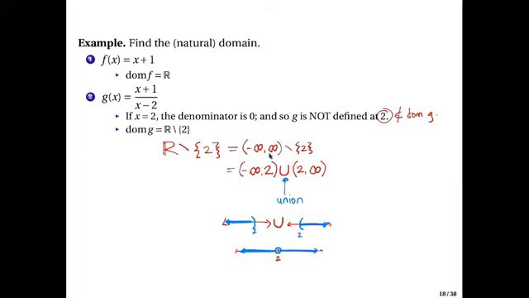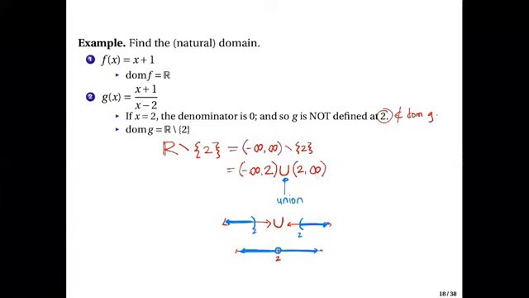Or you can write this in interval notation. It's negative infinity to plus infinity backslash the set containing 2, meaning you are removing 2. Or in this notation, you have negative infinity, comma 2, close parenthesis, union, open parenthesis 2, comma infinity, close parenthesis.